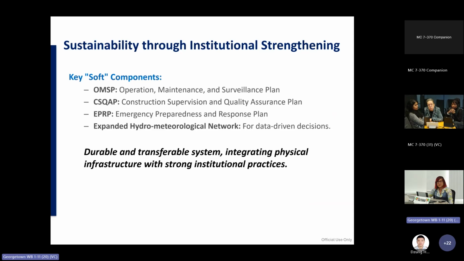Operation and maintenance surveillance plan, construction supervision quality assurance plan, and importantly, an emergency preparedness and response plan in case breaches occur in conservancies again, or overtopping breaches. And also expanding instrumentation so that the management of water release is more data-driven.